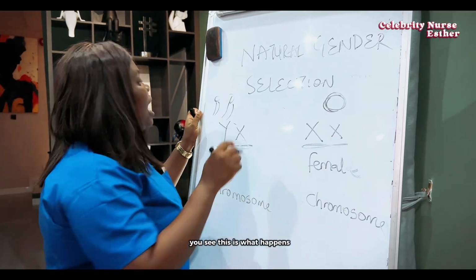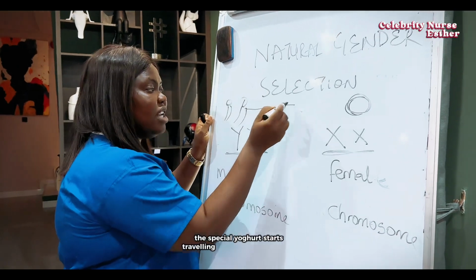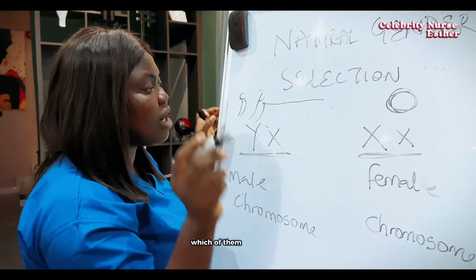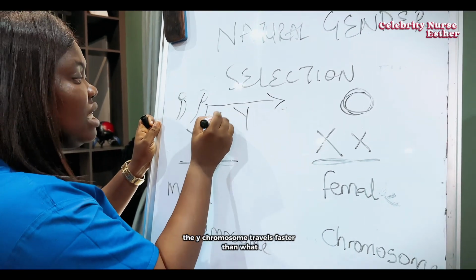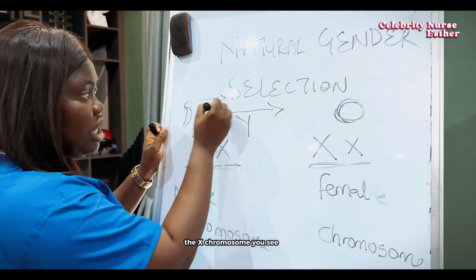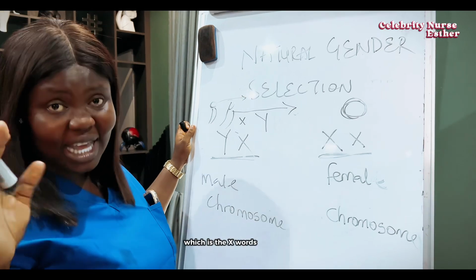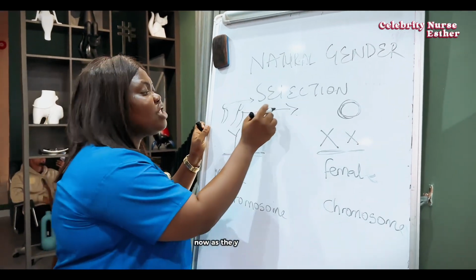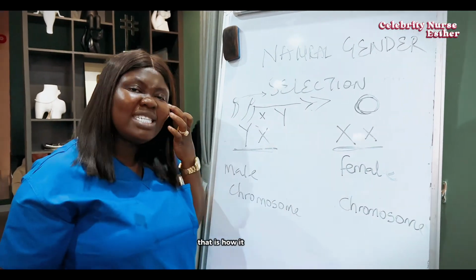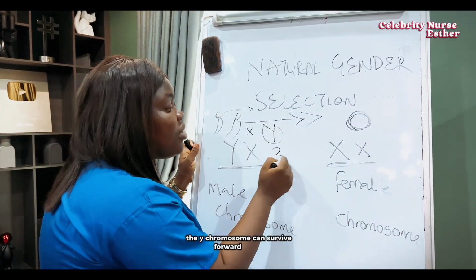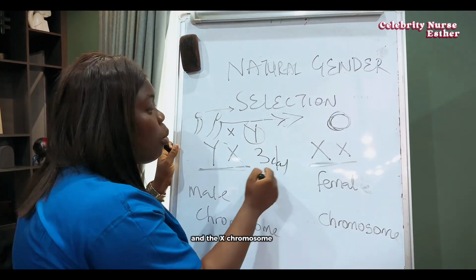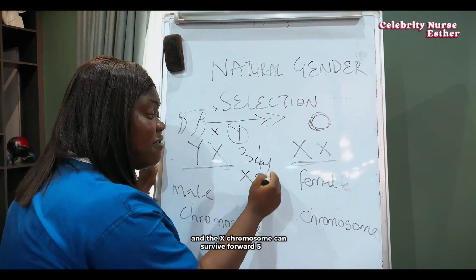Okay? Now, once the man has sex with a partner, this is what happens. The sperm starts traveling, and which of them travels faster? The Y chromosome travels faster than the X chromosome. But the Y dies faster. The Y chromosome can survive for 3 days, and the X chromosome can survive for 5 days.